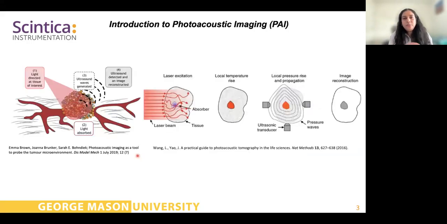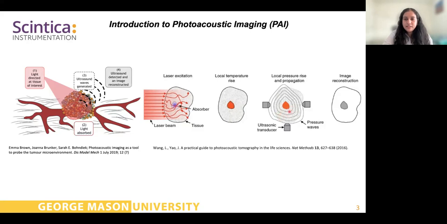Just to give a brief introduction to photoacoustic imaging, a pulsed laser light irradiates a tissue or a chromophore. This is an optical absorber. The optical absorber absorbs the incident photons, and then it undergoes a thermoelastic expansion, as you can see over here.